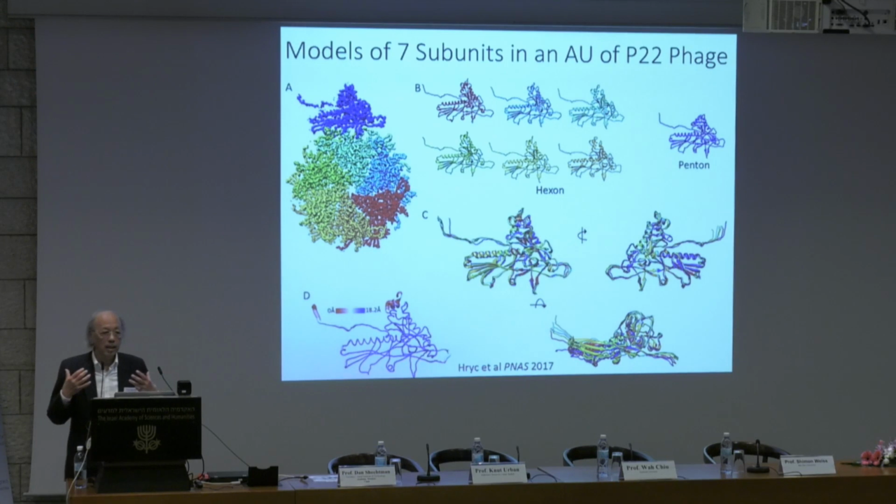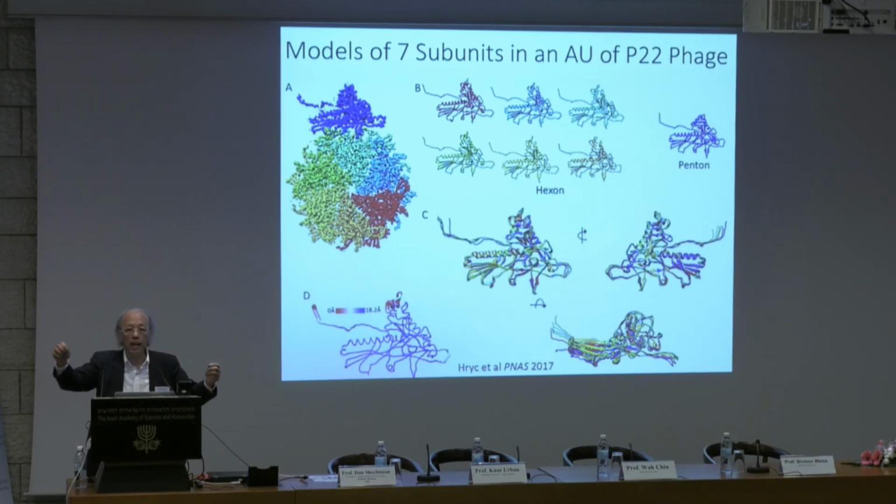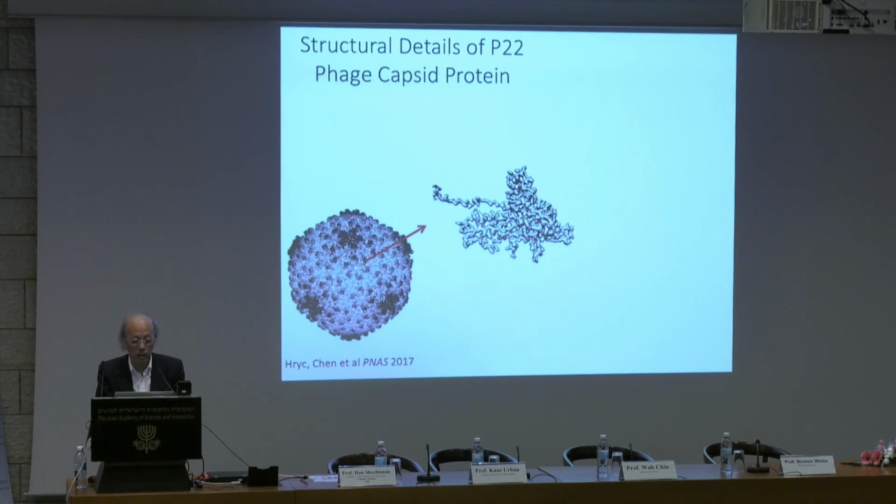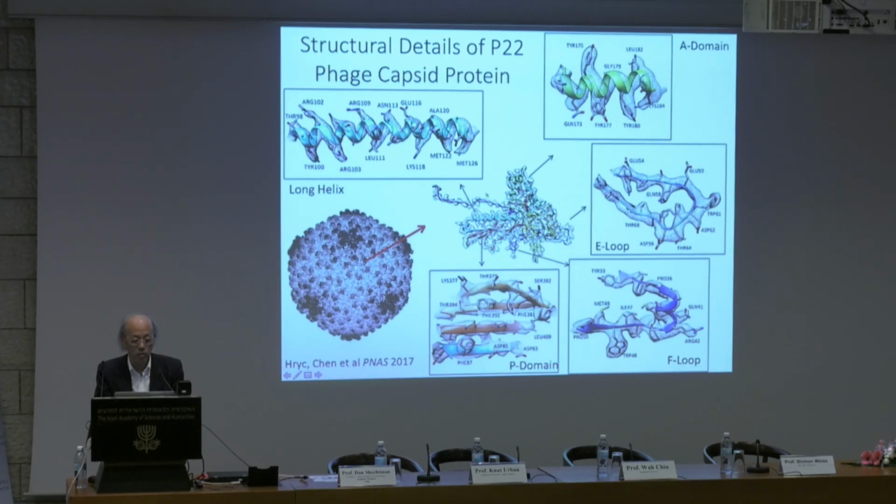So now, getting to that point, we see not only how this long spaghetti protein is folded in 3 dimensions, we can actually see each individual building block, namely the amino acids that make up these proteins. So here is the model of one of the protein subunits, and from there is a zoomed-in view of all the side chain density.